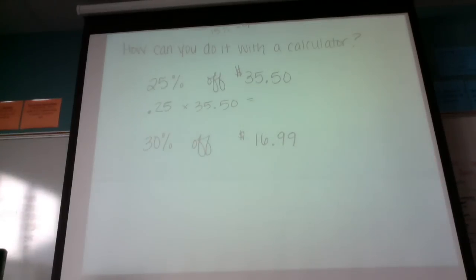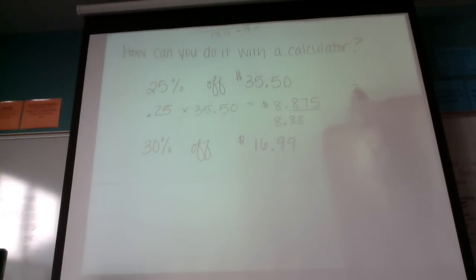When I type that in my calculator, I'm going to get what looks like this. Now remember, we can't have those 3 decimal points there, so we're going to round that up to be $8.88, and I'm going to subtract that from my original, and that's going to tell me the new price of my item, which would be $26.62.